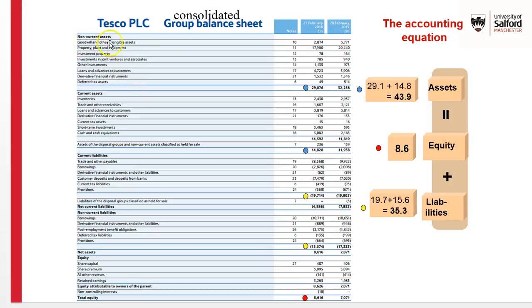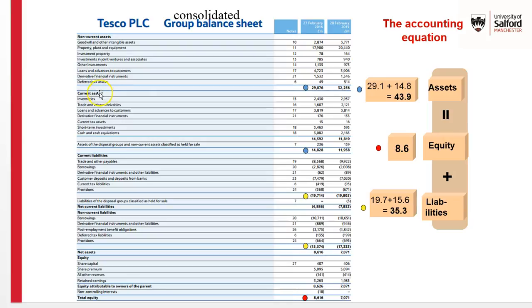Non-current assets: goodwill and other intangible assets for which we can make a valuation. Property, plant and equipment, investment property, investments in joint ventures, other investments, loans and advances to customers for more than 1 year. Generally, non-current assets are items beyond 1 year.